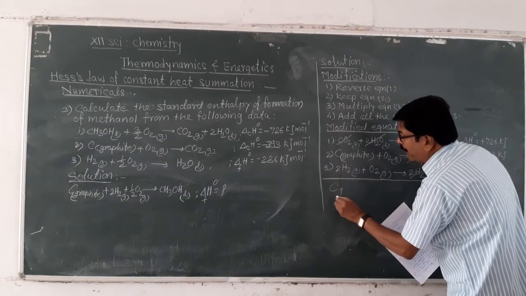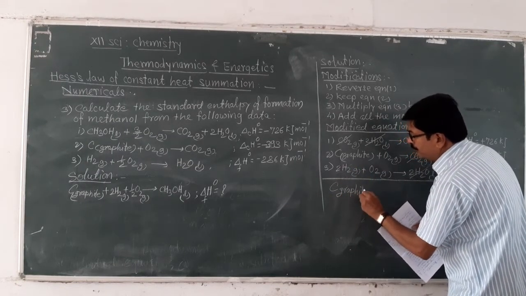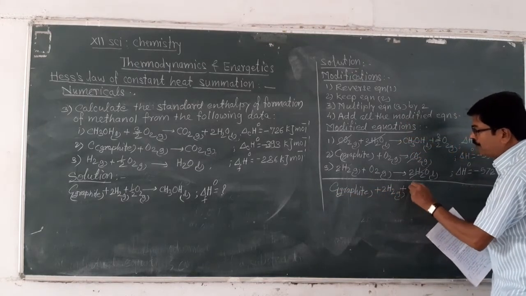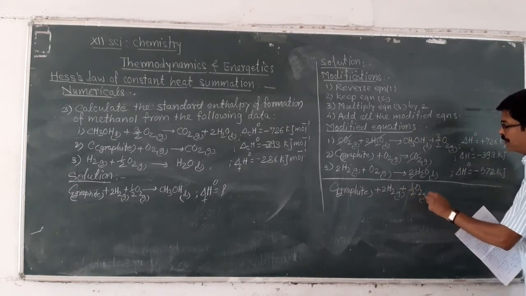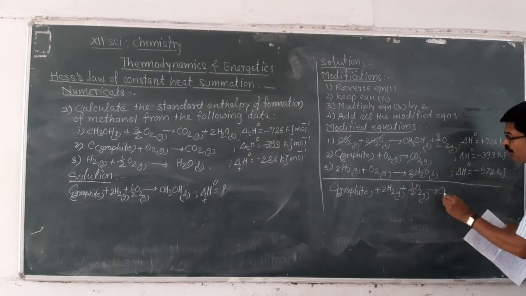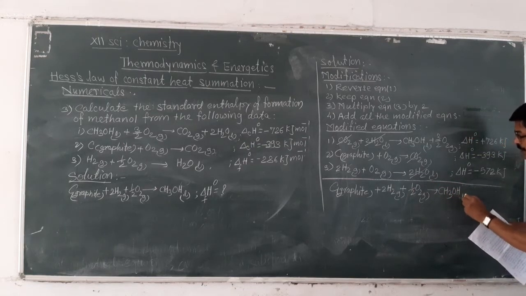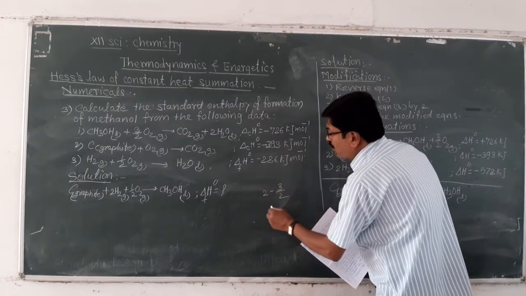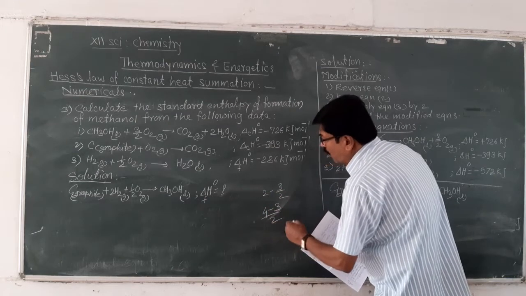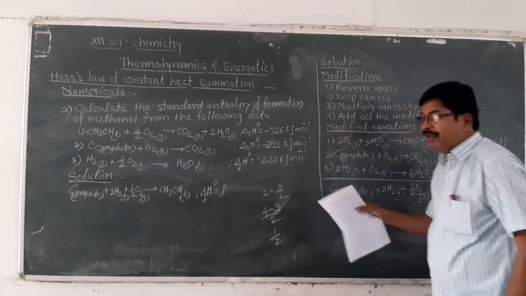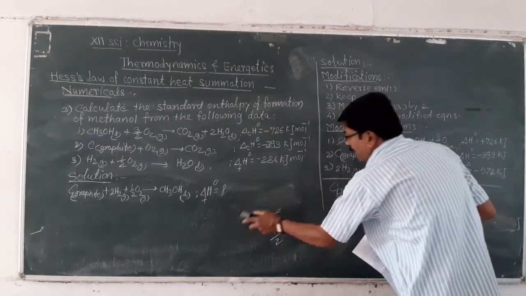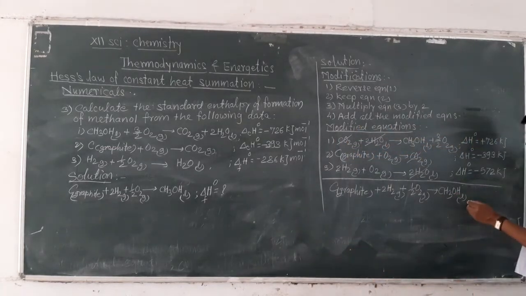Here carbon graphite plus 2H2 gas plus 1 by 2 O2 gas to give CH3OH liquid. This is the required equation. Now here you can see 2 minus 3 by 2 means what? 4 minus 3 by 2, that means 1 by 2. In this way we get 1 by 2 O2 on the reactant side. The required equation is obtained and we have to obtain the enthalpy of formation of methanol.